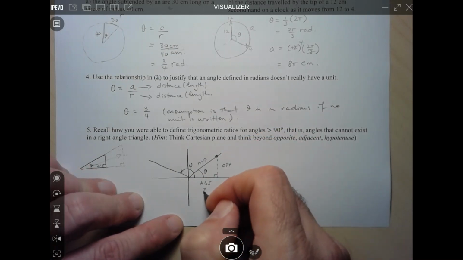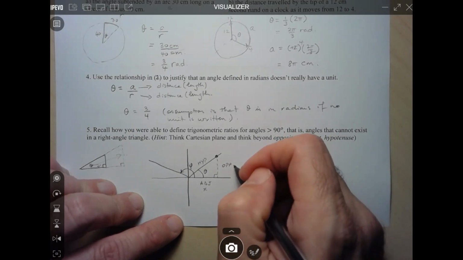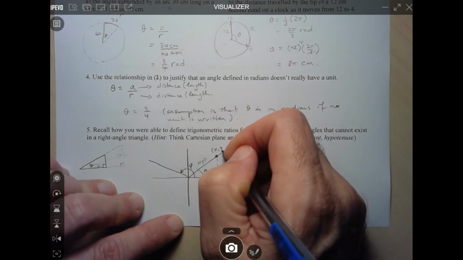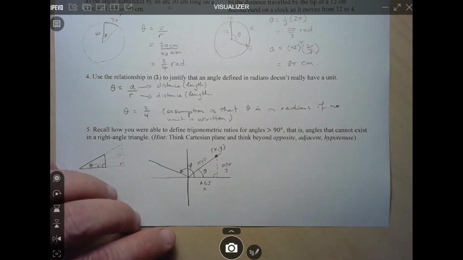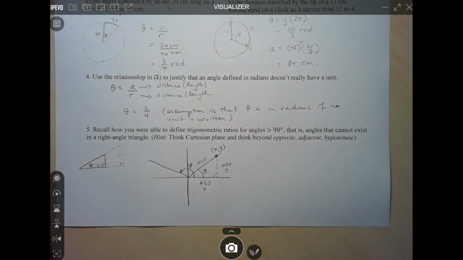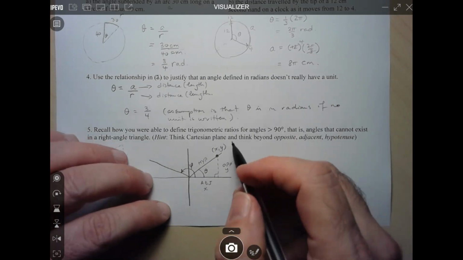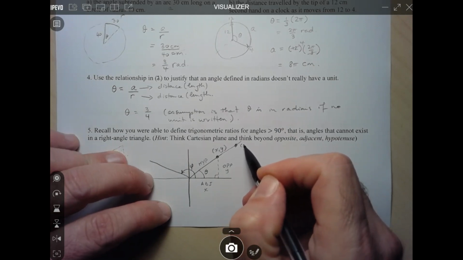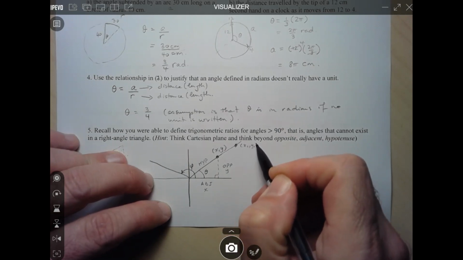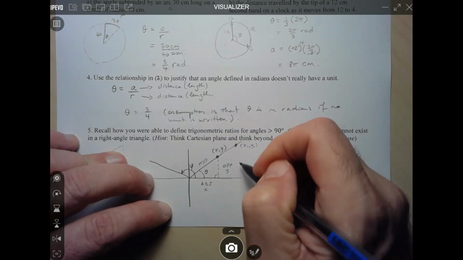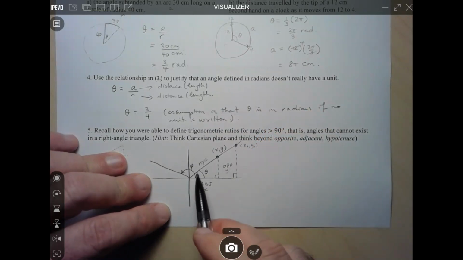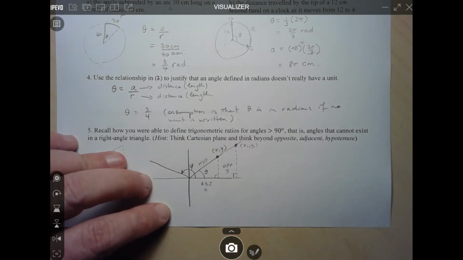So if I label this as my x value and that as my y value, this point is just (x, y). And if I were to take another point, say (x1, y1), well, guess what? I just end up with another triangle that is similar to the original one.